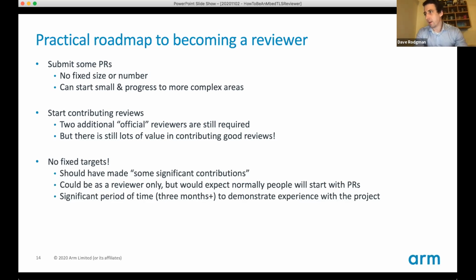I think it's unlikely that someone's going to do a couple of patches in a week and then a couple of reviews in a week, and then be at a point where we can say, yeah, we think this person's ready. It just takes longer than that to show experience reviewing significant bits of work for the project. So I'm suggesting 3 months here, but it's kind of a vague number.